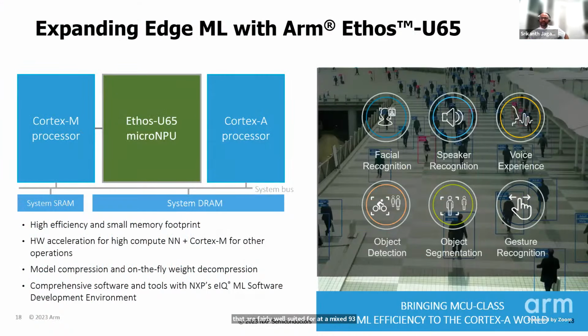Jumping into the ML capabilities with the Arm Ethos-U65, I wanted to start by providing details on what the Arm Ethos-U65 brings to the table and how it does it. This is a very high level block diagram of the different cores and how they are connected. I have a different figure coming up in the next slide, but overall, we selected the Arm Ethos-U65 because of its very high efficiency, not just in performance and power, but also in area.